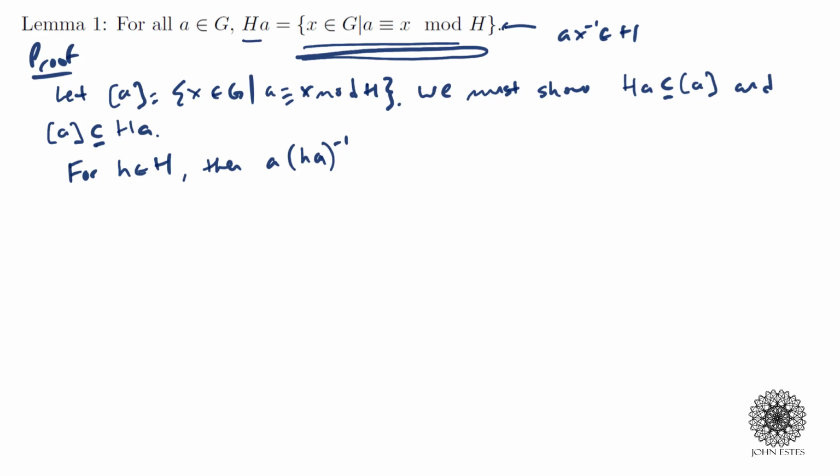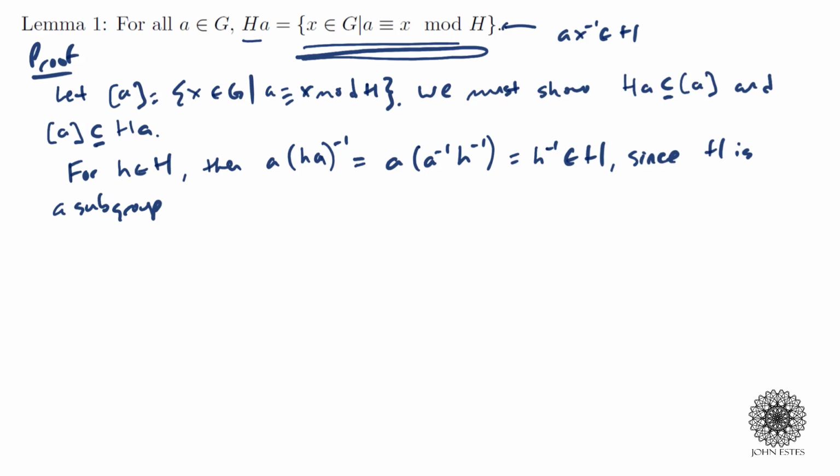Okay. Well, that's actually not very bad, because I can distribute the inverse like this. Remember, you flip your properties, and that results in h inverse, and that has to be an element of H. Why is that? Since H is a subgroup, and the subgroup is closed, it'll be closed under inverses.